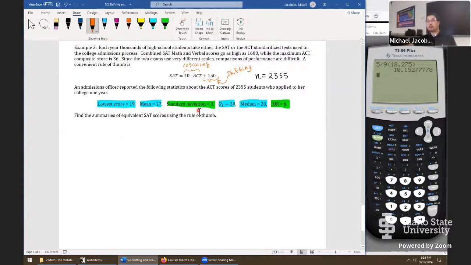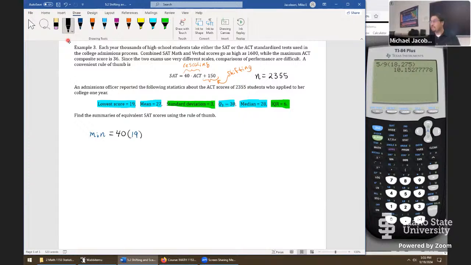So when we go to work out all of these, here's how it's going to go. Lowest score, I think it's more easily said as just minimum, would be equal to 40 times that ACT score, which was 19. And then question for the class, do we add the 150 or do we leave it off? Some say keep.